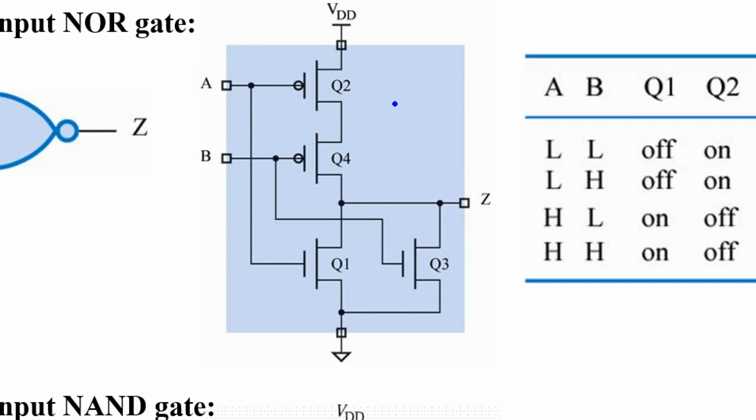Series means when you connect it, if the current flows, it will be the same current. And for parallel, this point and this point have the same potential. This side also, this point and this point have the same voltage potential. So it's parallel.